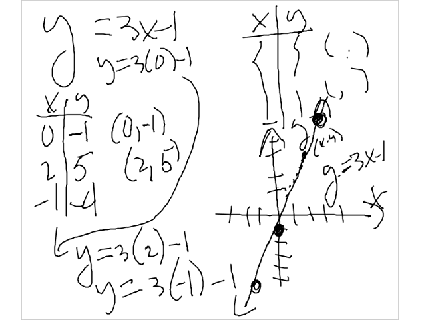And of course a point that isn't on the line, if we plugged it in for x and y, would not satisfy the equation y equals 3x minus 1. All points on the line do satisfy. Any point not on the line won't satisfy.